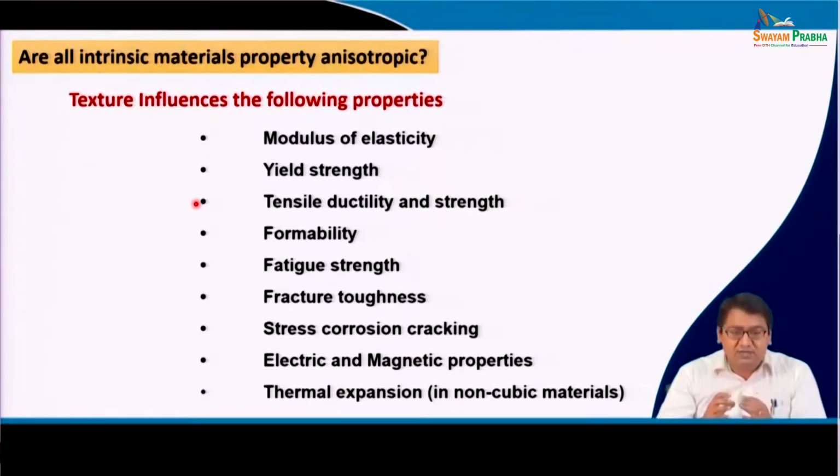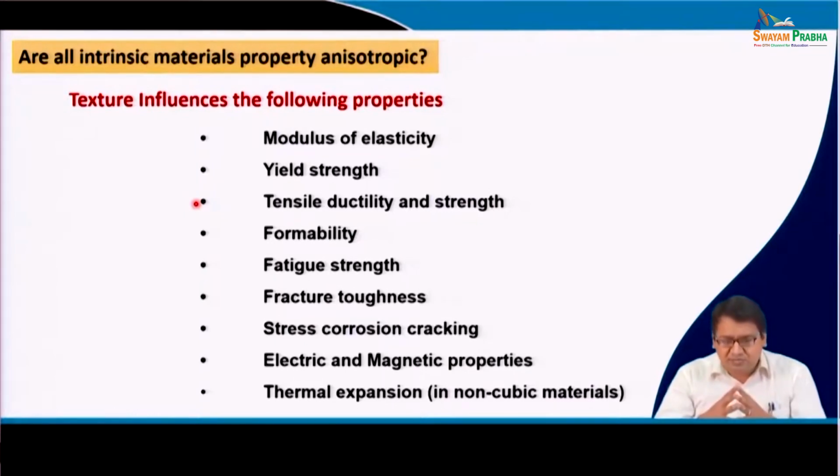It will influence modulus of elasticity, yield strength, the ductility, the ultimate tensile strength, the formability of the material, including the deep drawing ability, the fatigue strength, the fracture toughness, the stress corrosion cracking resistance, electric and magnetic properties, thermal expansion, and it will be mostly in non-cubic material, however.